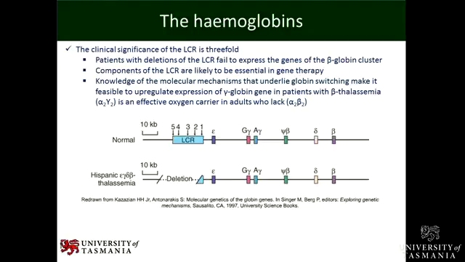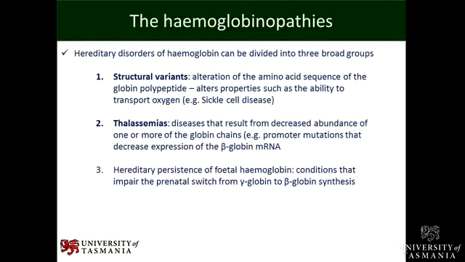So if we can somehow introduce those locus control regions into the fetal globin, which is not expressed anymore, the gene's still there, it's just not switched on anymore, we can perhaps switch that on. Or we can perhaps just switch the beta one back on. So that's some of the research that's going on at the moment.